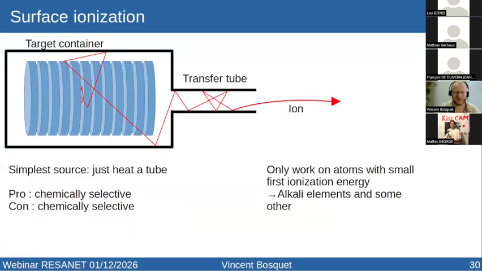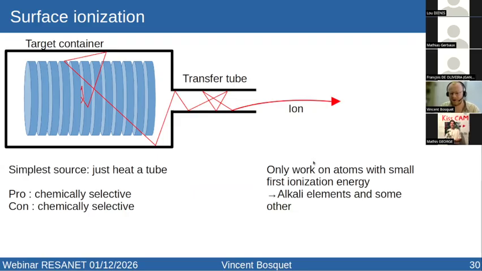The surface ionization ion source is the simplest. You just need to heat a tube. So if you have your transfer tube, it can also work as an ion source. And if it's heated at the right temperature and made of the right material, some of the atoms will leave an electron.